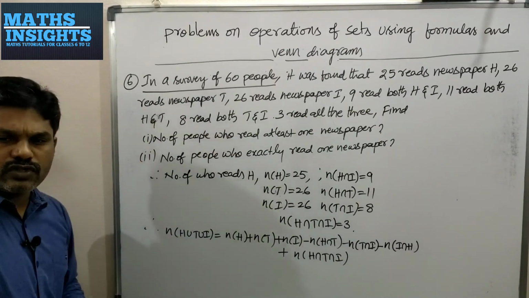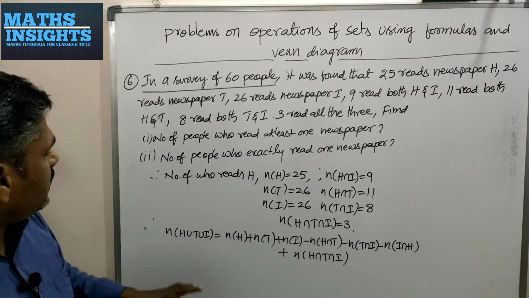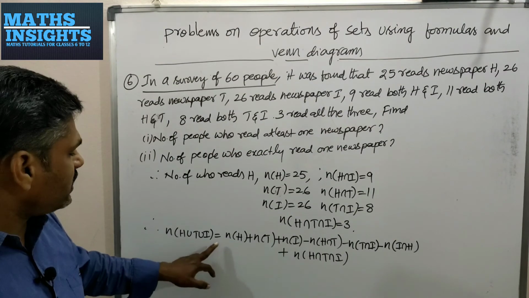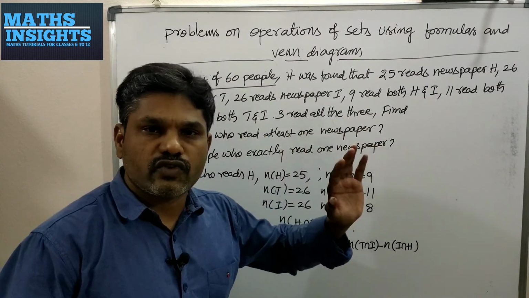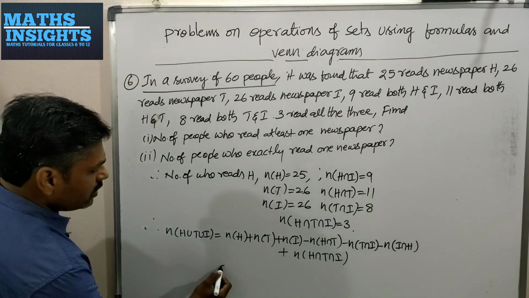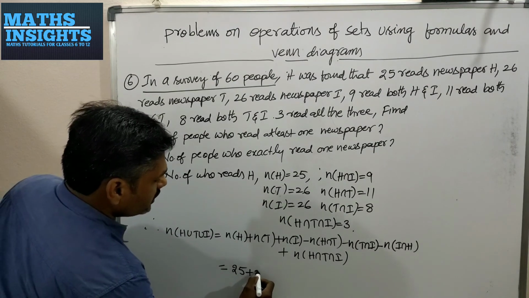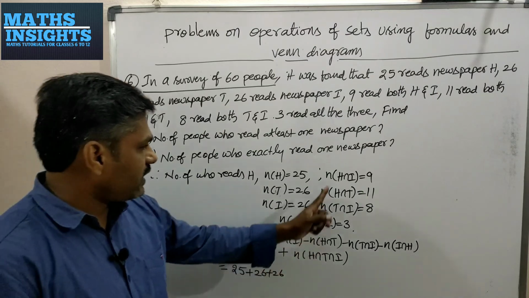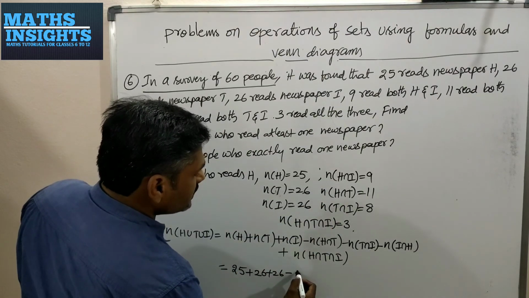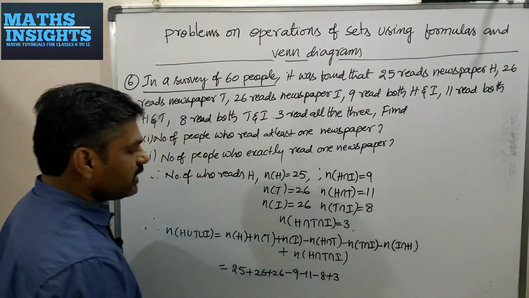By using this formula, you may calculate the union. Union is nothing but the persons who are reading at least one newspaper. So substitute all values. Number of H 25 plus 26 plus again 26. See, this is minus 9 minus 11 minus 8, but finally plus 3.